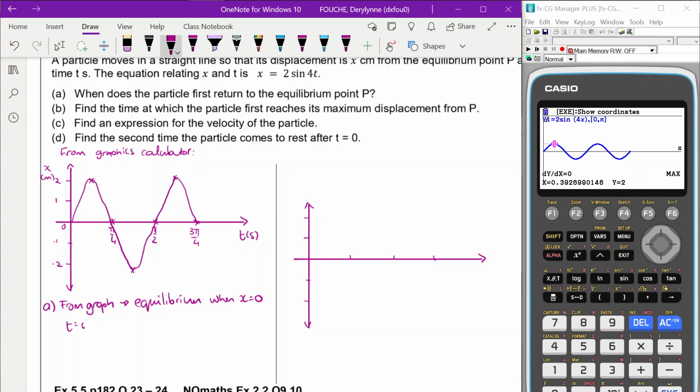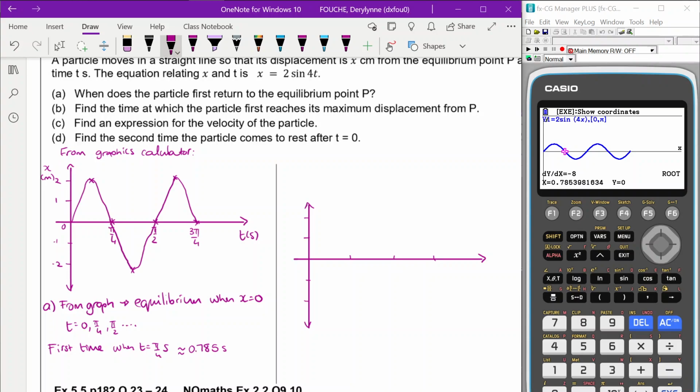Okay, and that's at t equals 0, pi on 4, pi on 2, etc., etc. And our first time, if we wanted the exact values, we would use our root and say it's at 0.79 seconds. So first time is when t equals pi on 4 seconds, and that's approximately equal to 0.785 seconds. Alright.